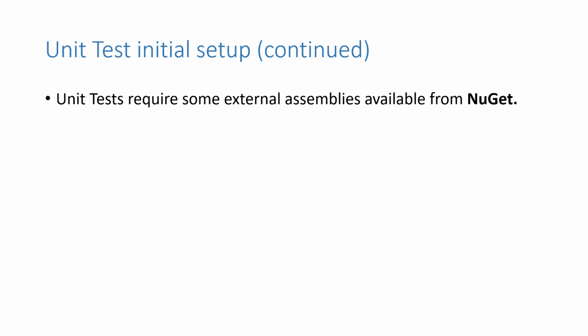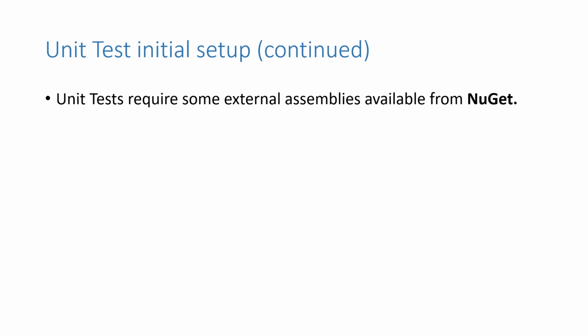Bottom line is that unit tests in Visual Studio rely on two assemblies that the people at Microsoft have built. One is called MS Test Test Adapter, and the other is MS Test Test Framework.